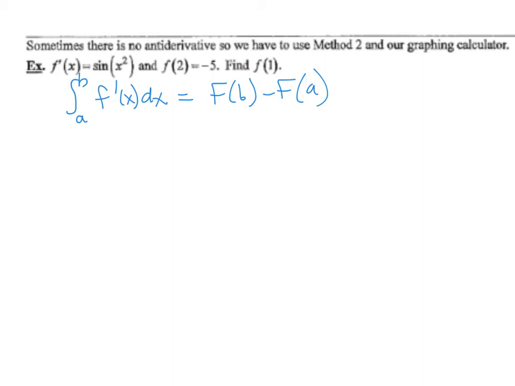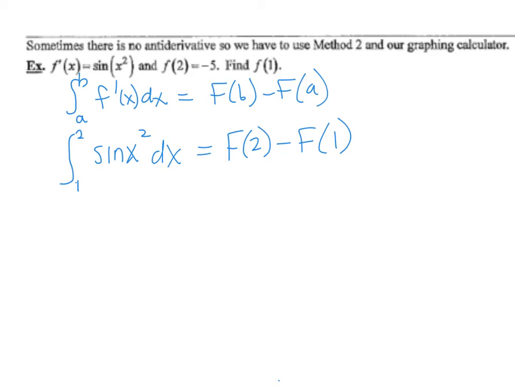All right, and once again we know what the derivative is, so we also know a and b. So a is 1, b is 2. We know that f prime is sine x squared dx, and that's going to equal f of b. F of b is f of 2 minus f of 1.